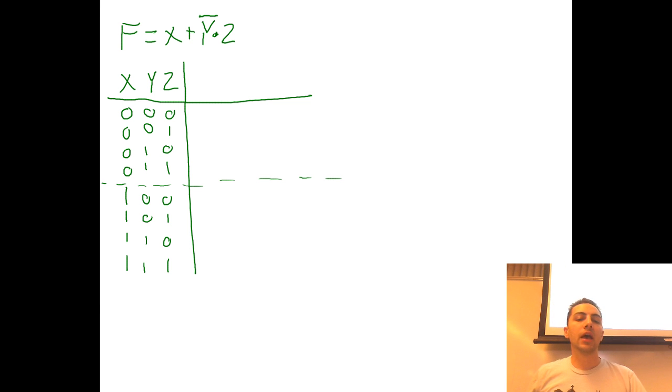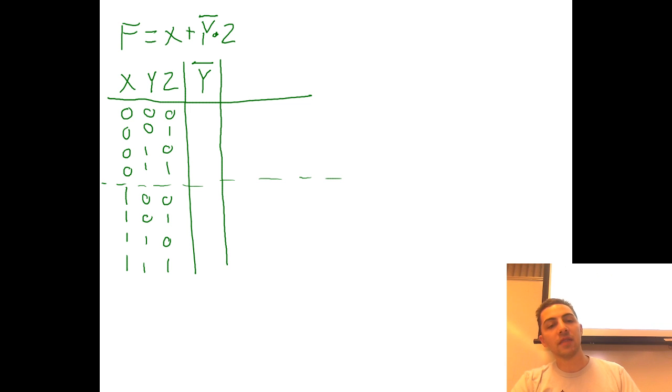Okay? And in this case, rather than just having one output, it's actually going to be easier to do it a piece at a time. So first, I'm going to find out what not y is. Then I'm going to figure out what not y and z is. And finally, I'll figure out what x or not y and z is. And that'll be the full equation.